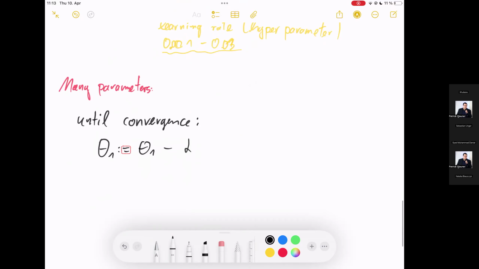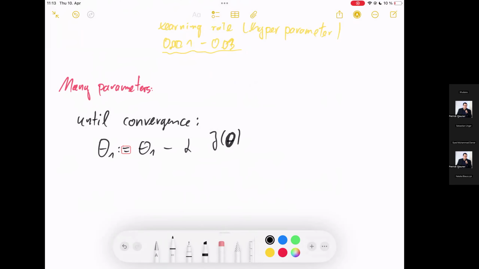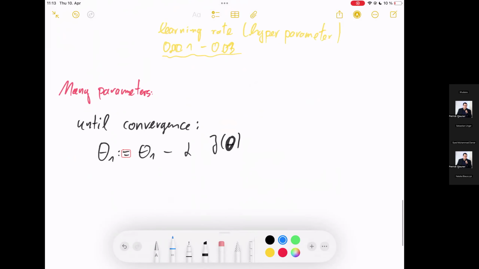So we had here our J of theta, and now theta is in bold because theta is a vector, because we have multiple parameters like theta 1, theta 2, and so forth. And I want to see how that error function changes along parameter 1. So I cannot work with derivatives anymore.